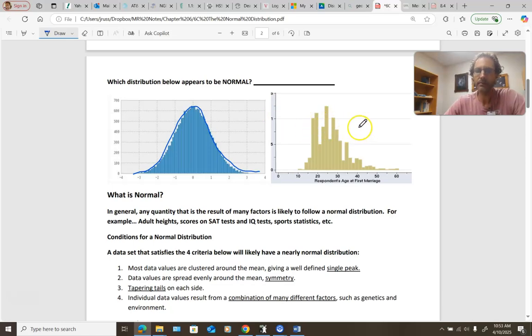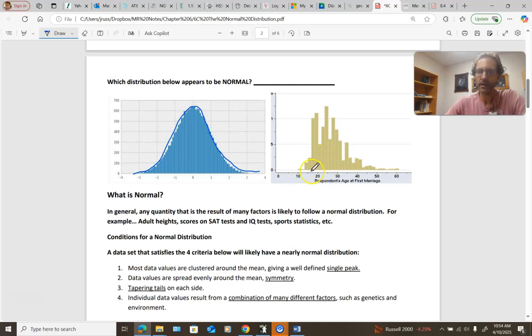Whatever this data is, it doesn't tell us. But let's look at this other distribution here. It does tell us what this one is: respondents' age at first marriage. Okay, so basically, how old were you when you first got married. And so you can see most of the data is right in here, anywhere from your late teens to, I don't know, maybe your early to mid 30s. Okay, this is where most of the data is.